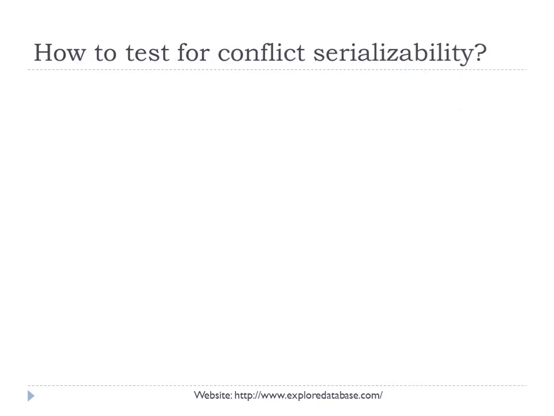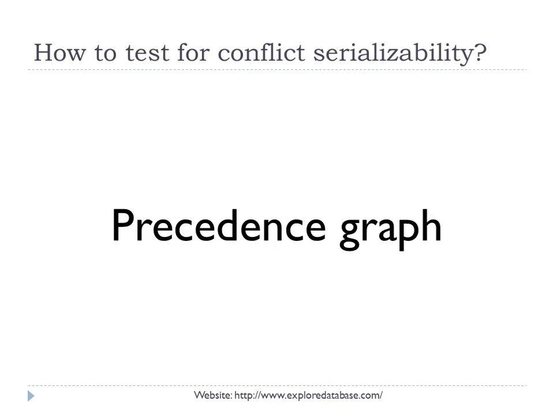Now let us come to the topic. How to test for conflict serializability? To test for conflict serializability of a concurrent schedule, we use a precedence graph, also called a serialization graph.